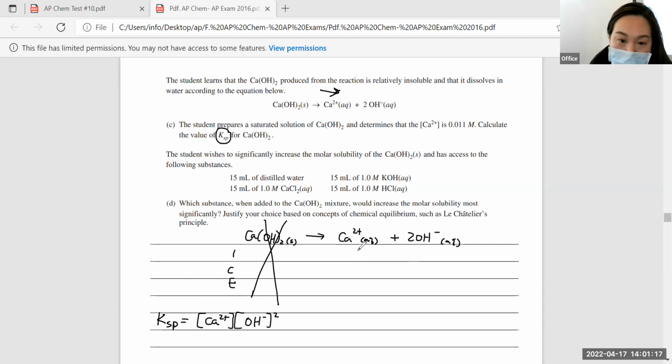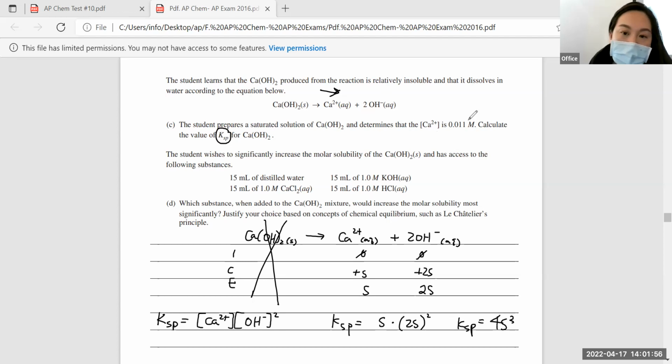What do we know about this? 0, 0, plus x, plus 2x. However, it should be S because we're doing solubility, although it doesn't really matter. However, we know S is 0.011, but I'm just going to leave it like this. So if I plug this in here, Ksp equals S times 2S squared, so Ksp equals 4S cubed.